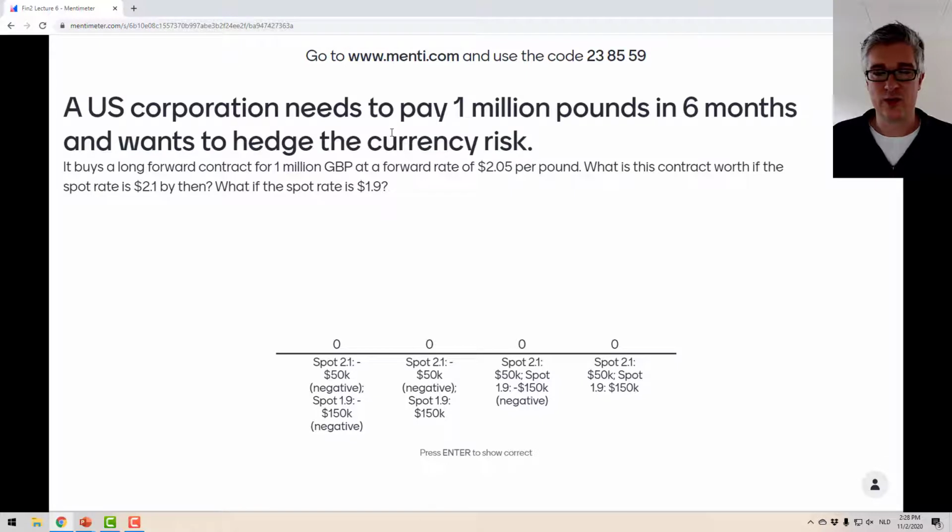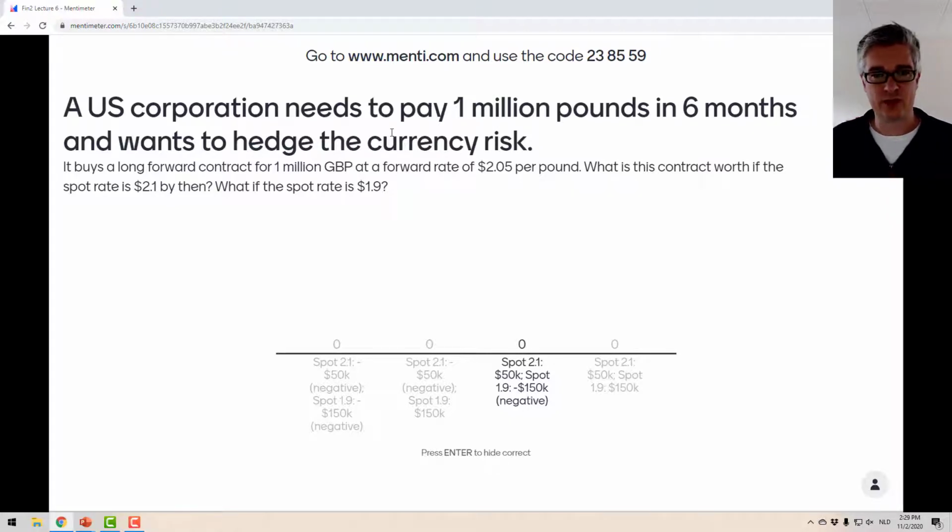So my question to you is, hey, what is this forward contract worth in 6 months if the spot rate is 2.1? And what if the spot rate is 1.9? Give you a moment to pause me. Well, if the spot rate is 2.10, then of course they made a little profit. They're paying less than they would have if they had waited and bought the pounds in the spot market.